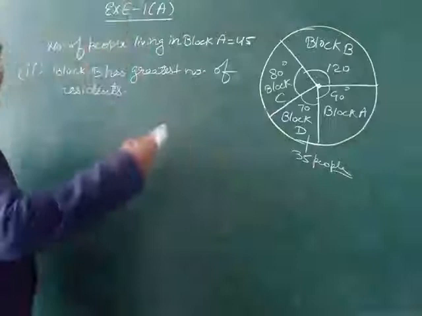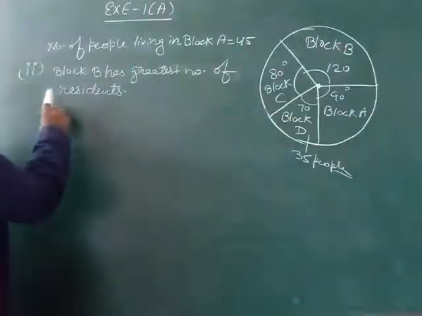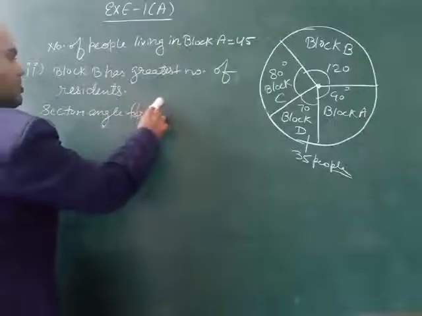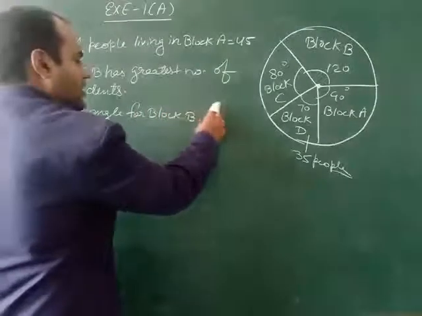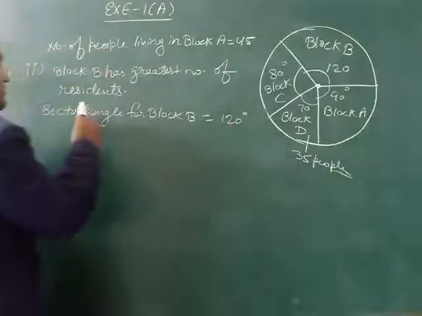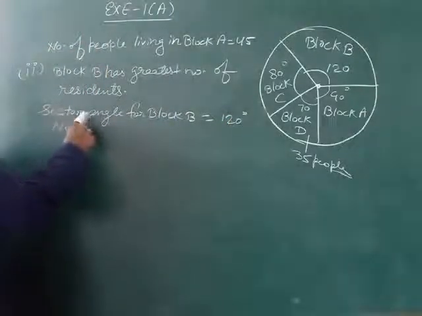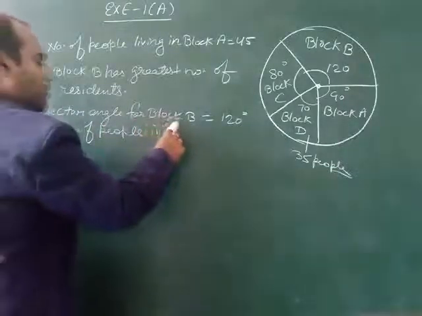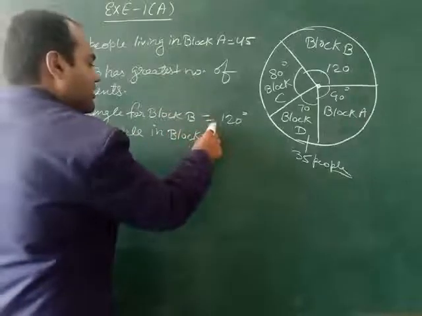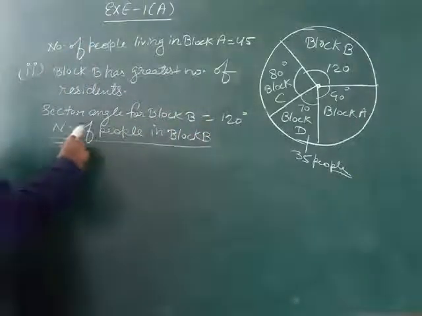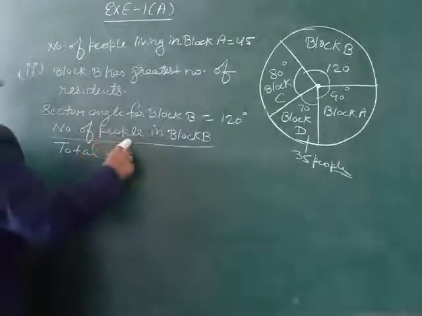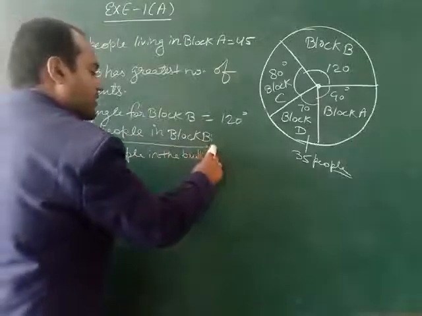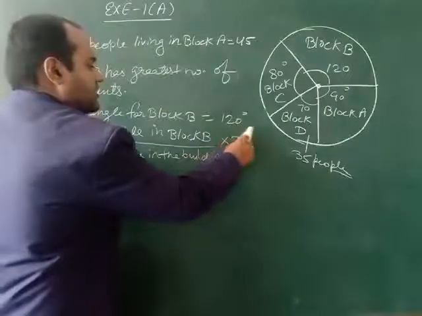So we will take the help of the sector angle. So the sector angle for block B is 120 and the formula for sector angle is number of people living in block B, we have to take in the numerator, upon total persons in the building, we have to take in the denominator, multiply 360 degree.